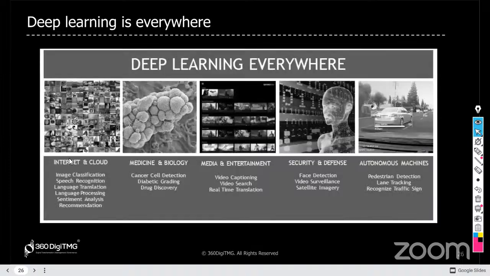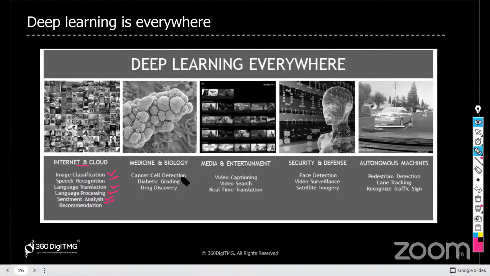See here, internet and cloud, medicine and biology, media and entertainment, security and defense, autonomous machines. Everywhere we are using these AI or deep learning concepts. Internet and cloud, we are using for image classification, recognizing speech, translating language, processing language, analyzing sentiments and recommendations.